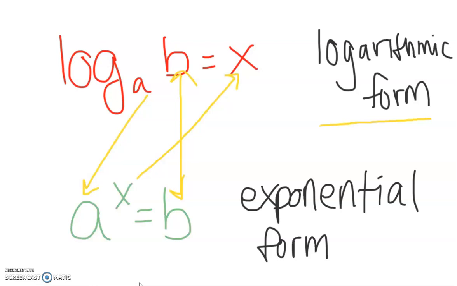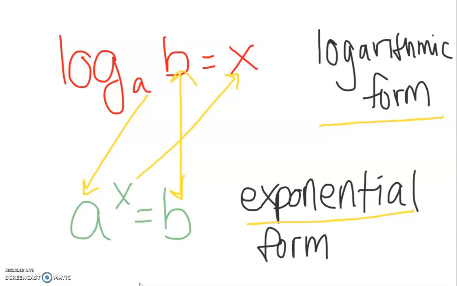A logarithmic function and an exponential function are inverses of each other. So when you're asked to convert a logarithmic function to an exponential form, you're basically finding the inverse. A month ago, all the inverse practice we did was like, find the inverse of x squared, and you're like, oh, square root of x.